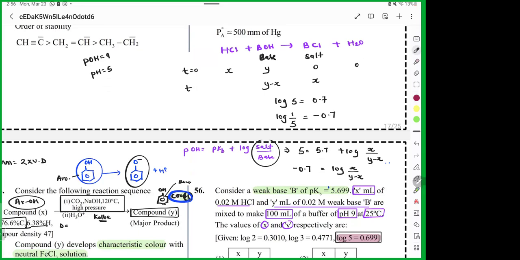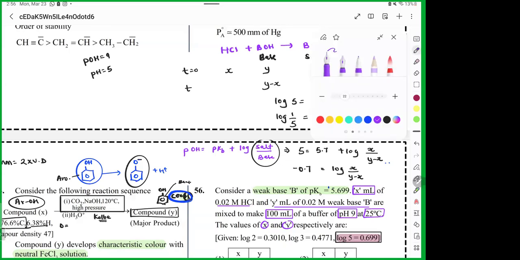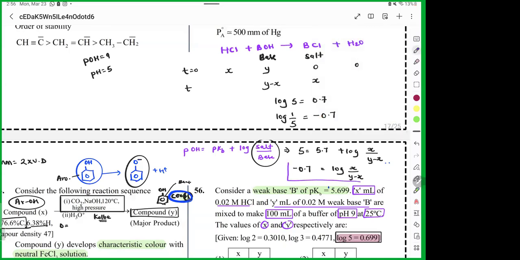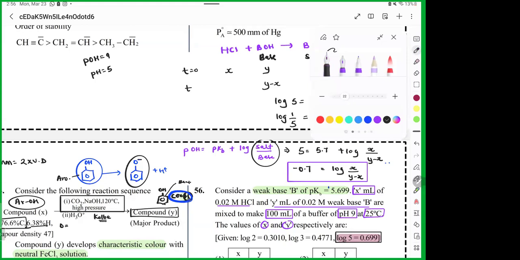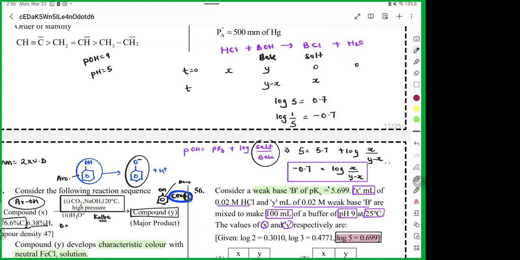Minus 0.7. Right? Any doubt? Mridul, Chandana, Anvita, Prachi, Vrinder. No, sir. So log 5 value is 0.7, log 1 by 5 value is minus 0.7, and we have minus 0.7.